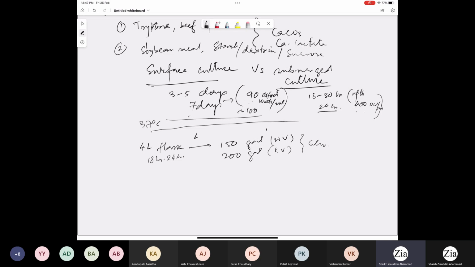And then you move to the final seed tank, that is 800 gallon working volume, and the total volume is 1200 gallon reactor volume.